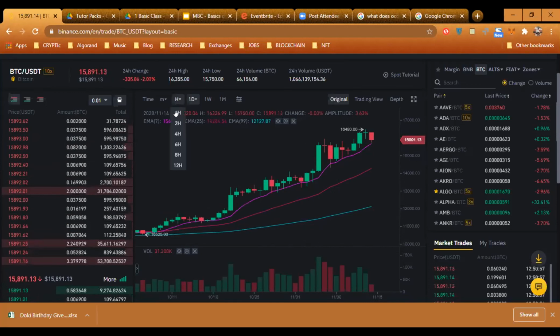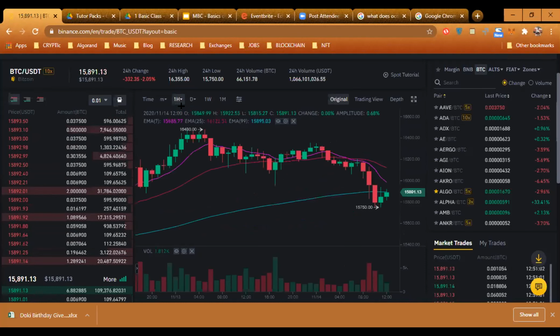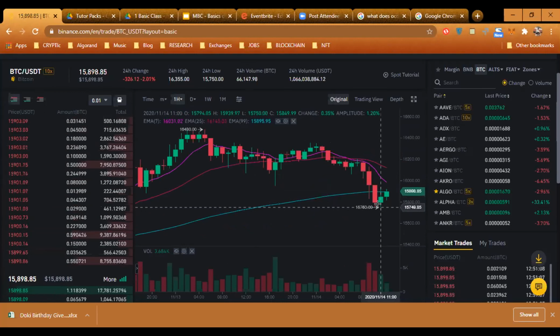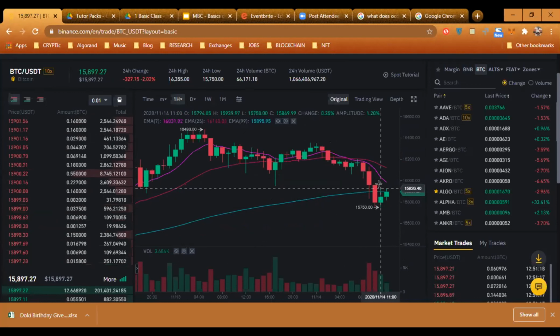If I go to the hourly candle, let's say 1 hour candle, each candle represents an hour. So in the last 1 hour, this is what has happened to Bitcoin. It had risen from 15,707 something to 15,926, because you have to look at the ticker.